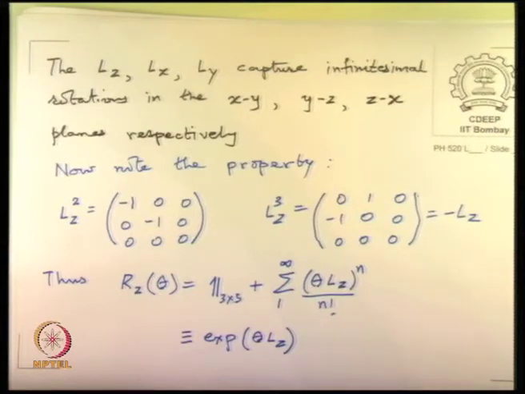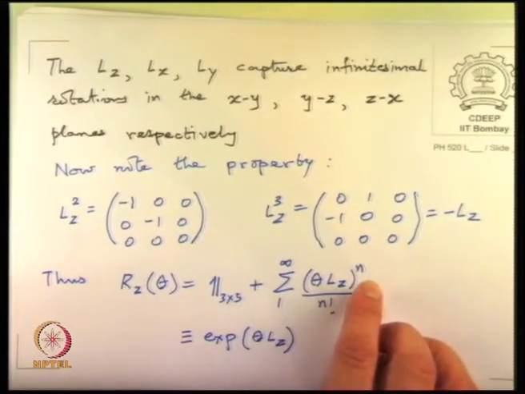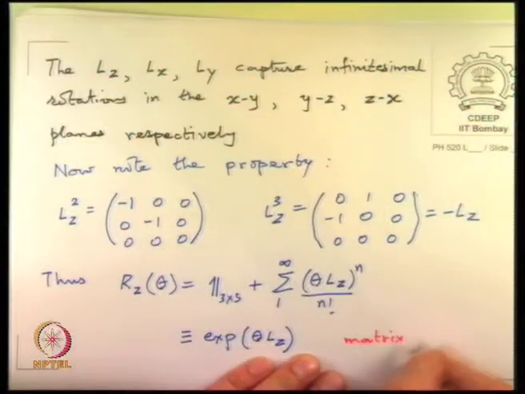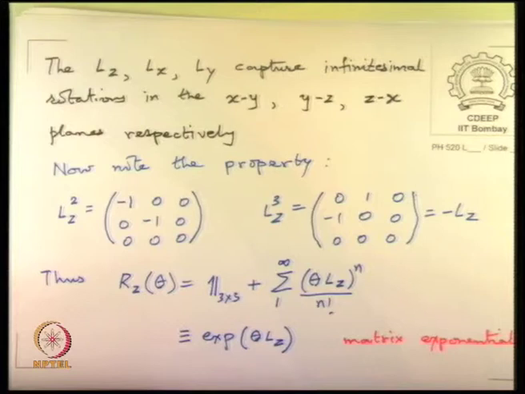And the exponential of a matrix is defined by its power series, and the power series is well defined because it is just matrix multiplication n number of times. So this is a matrix exponential. So at least as far as rotations in any one plane are concerned, they are just exponentials of corresponding infinitesimal rotations.